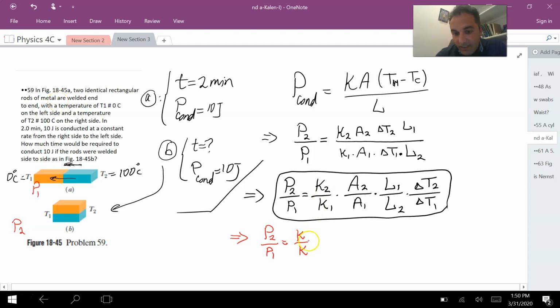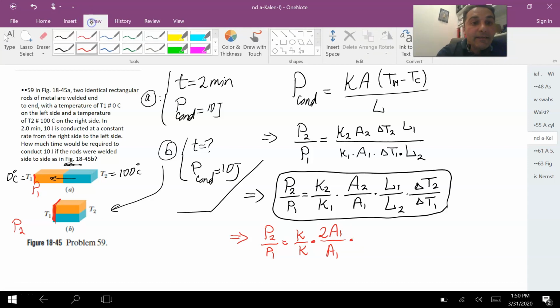So that's why I'm going to put K over K. A2, okay, pay attention here. The area of picture 2, look, this area, this area, the contact area, okay? Do you agree that it's 2 times this area? So I will say A2 is 2 times A1. So far good?